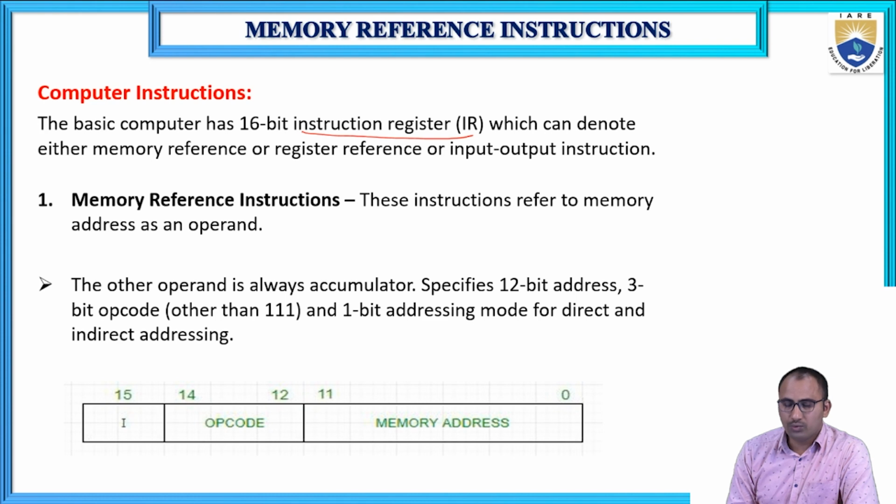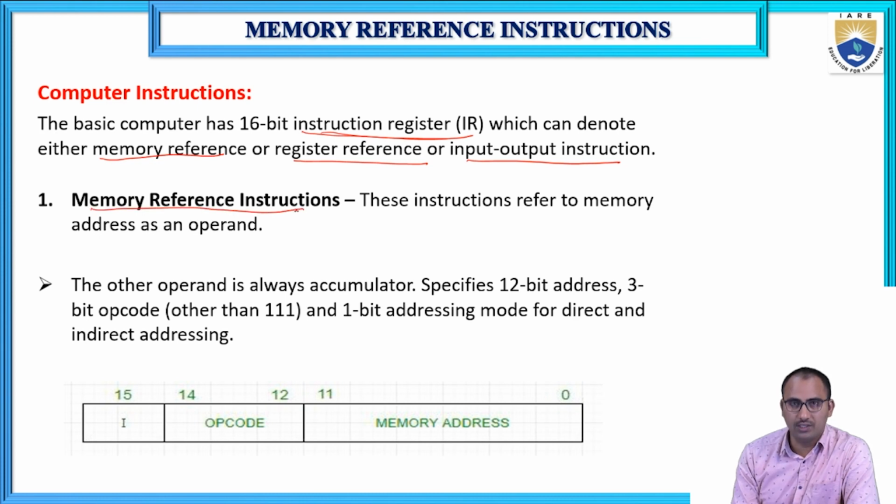Its purpose is to store the currently executing instruction, which can denote either a memory reference, register reference, or input or output instruction. Already we have seen the instructions are classified into three types. Here we are discussing the memory reference instructions.